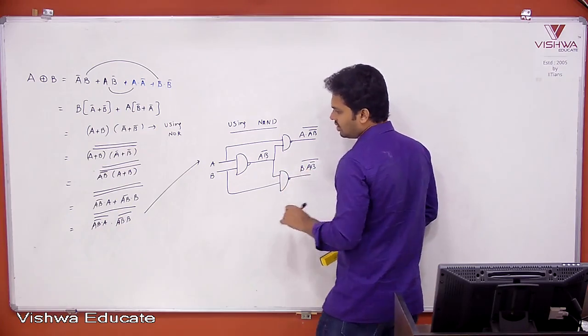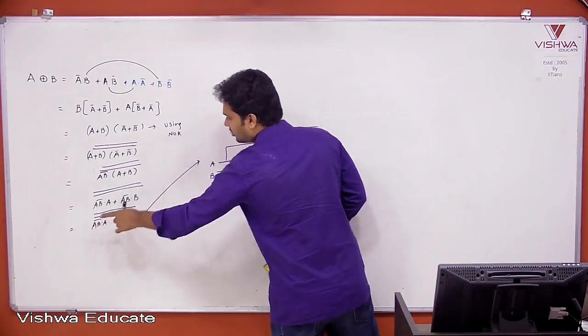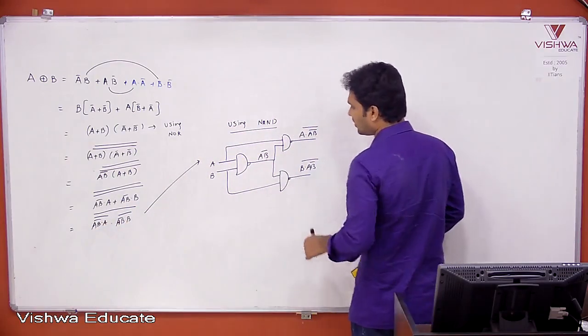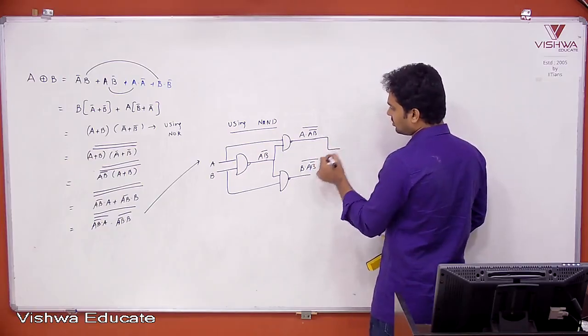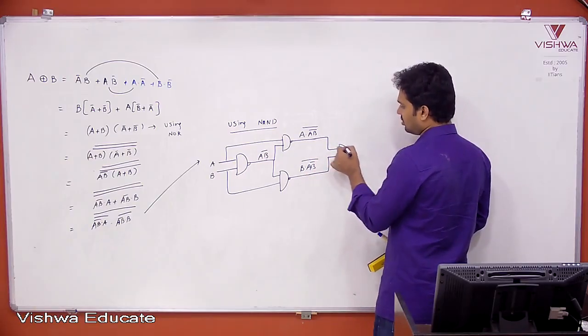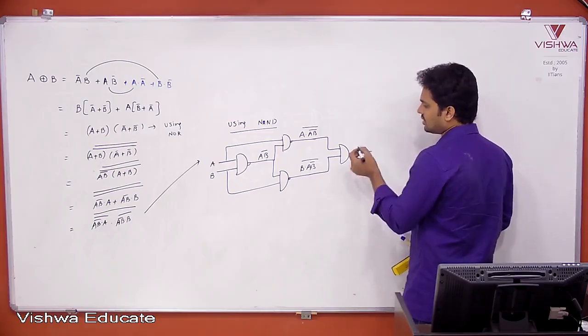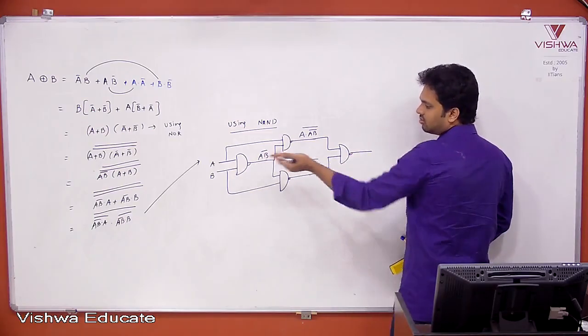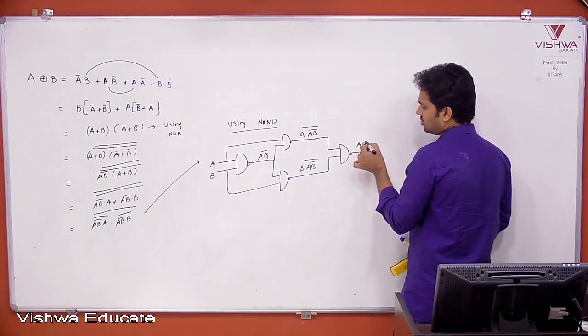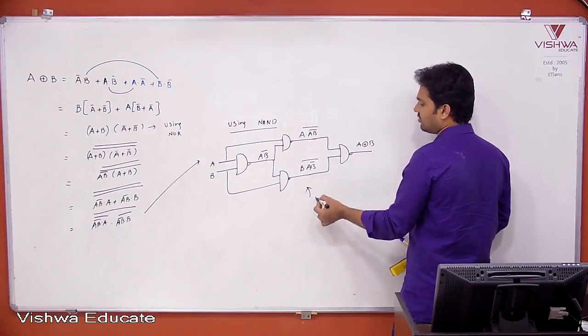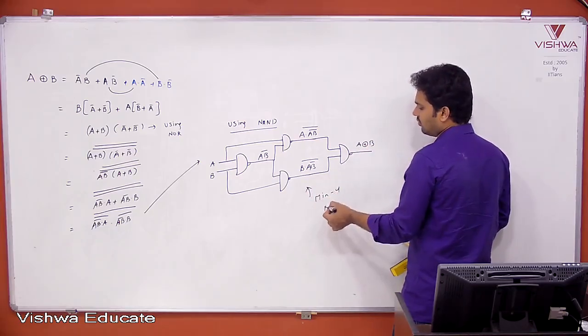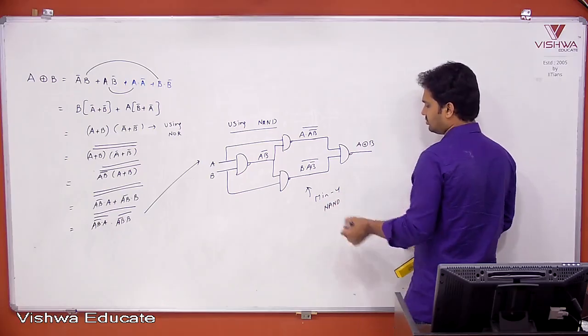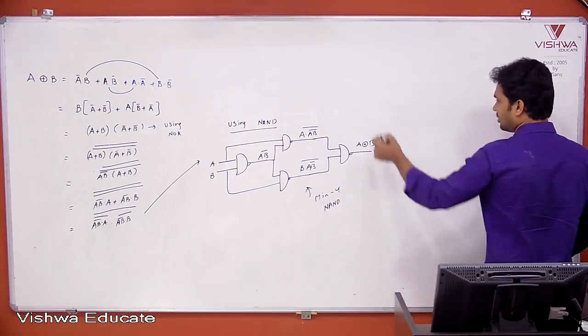You can understand, because AB bar is common in both, no need to take two gates. The same expression we can use. Now this into this whole bar, which is nothing but A XOR B according to that expression. So how many gates are required? Minimum 4 NAND gates are required. Let us do that with the NOR gates.